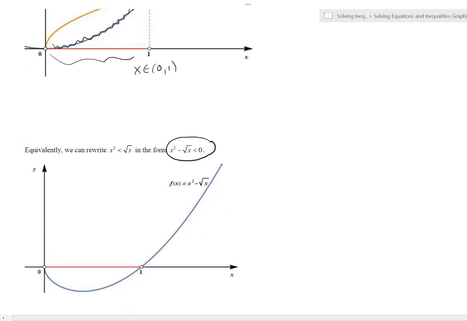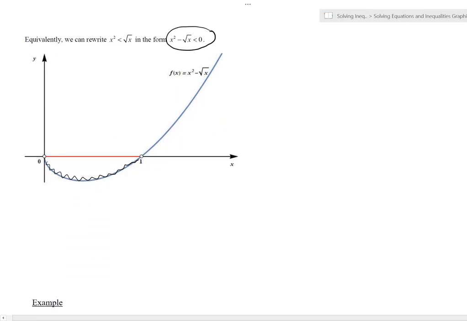There's our graph again, and indeed, that function's graph is below the x-axis for all these values between 0 and 1, but not including 0 and 1. So two approaches give the same solution set when solving the inequality graphically.